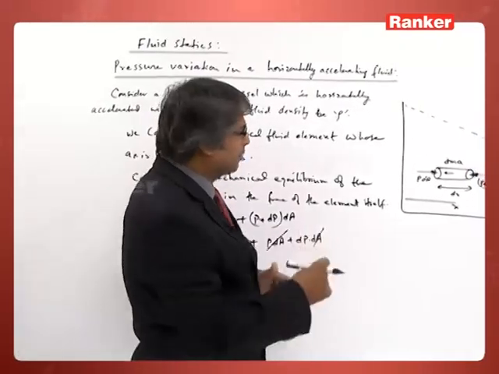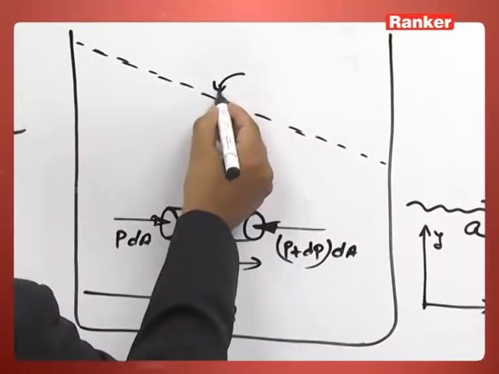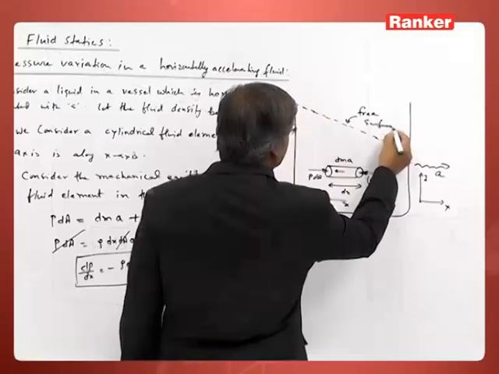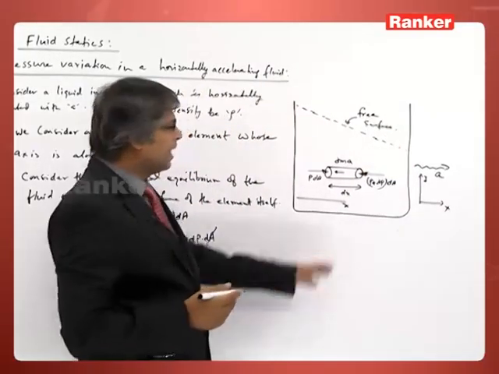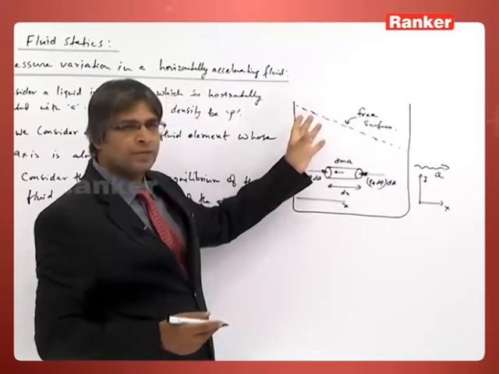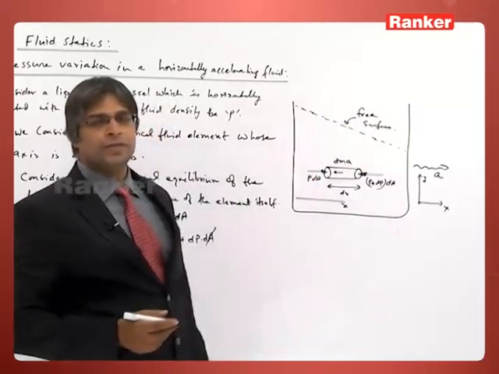Now, let us come to this shape. This is called free surface. So, let us see why we have this shape of the free surface, that is how to determine the shape of the free surface.